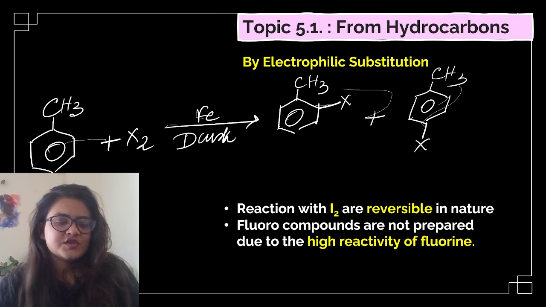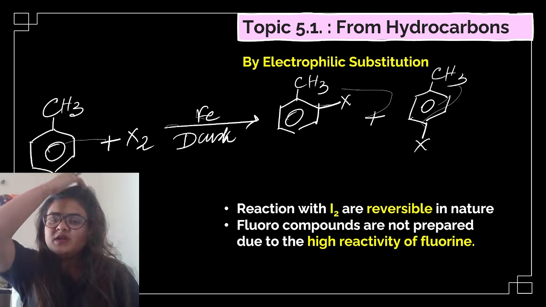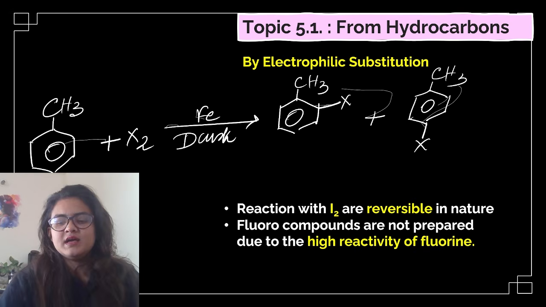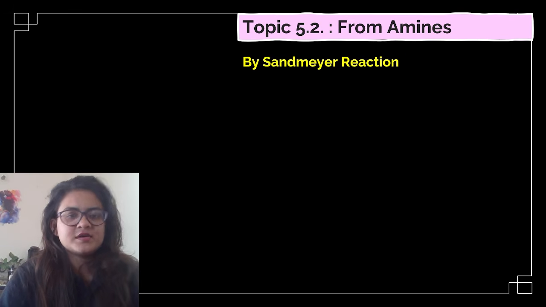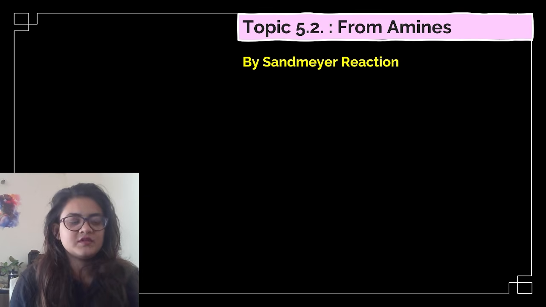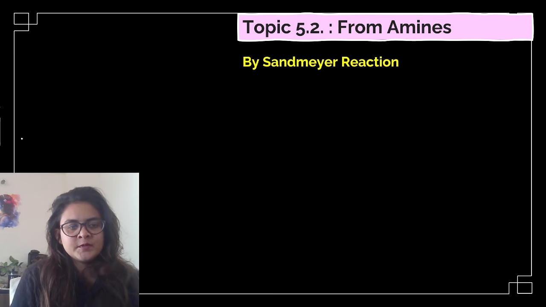Reaction with I2 is reversible in nature. Fluoro compounds are not prepared due to the high reactivity of fluorine. I guess this is clear. So let's proceed with the next one. We will proceed with the Sandmeyer's reaction. In Sandmeyer's reaction, we start with the diazonium chloride. Diazonium chloride preparation, we usually start from aniline.